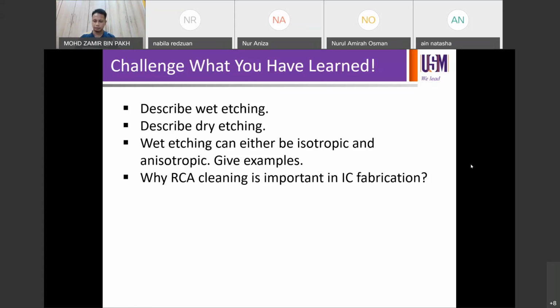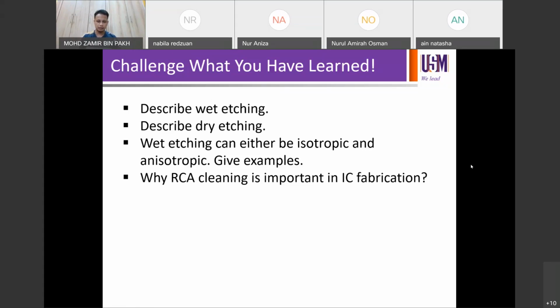Isotropic, okay. Are they all isotropic, the wet etching processes, or do you also have an anisotropic wet etch? Yes, isotropic.